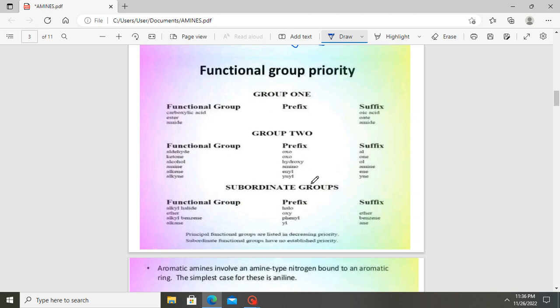So let's see some functional group priorities which may occur in organic compounds. If this set of functional groups occur in organic compounds, this is their suffixes and this is their prefixes. For carboxylic acids, the suffix is oic acid, so ethanoic acid. You can have ethanoate, you can have ethanamide. You can have aldehydes too.